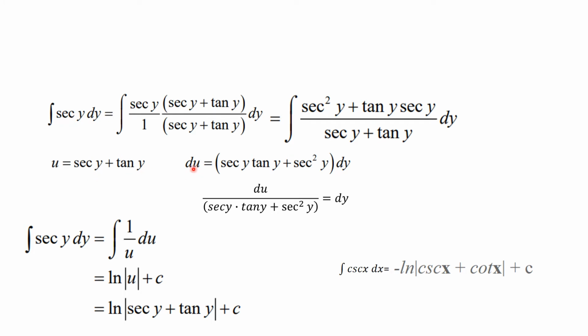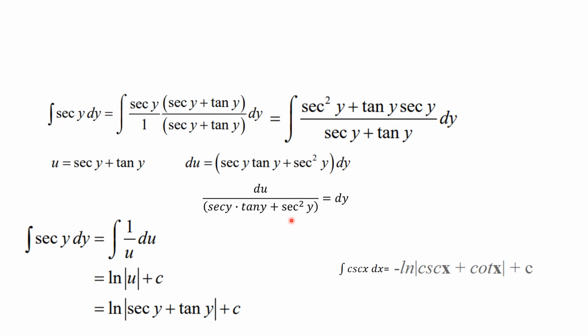So du then is going to be the derivative of the secant of y, which is the secant of y times the tangent of y. And the derivative of the tangent of y is the secant squared of y. So that means if I solve for dy, I have that this is equal to du over secant of y times tangent of y plus secant squared of y.